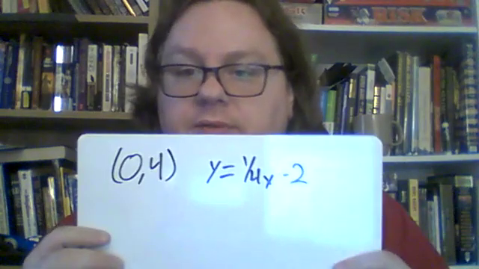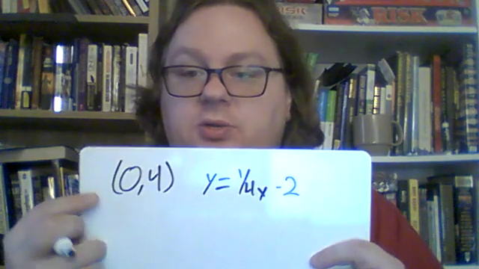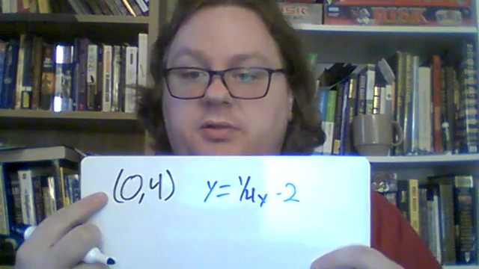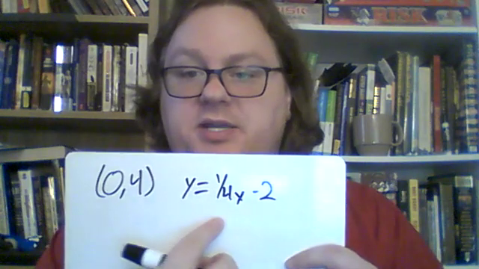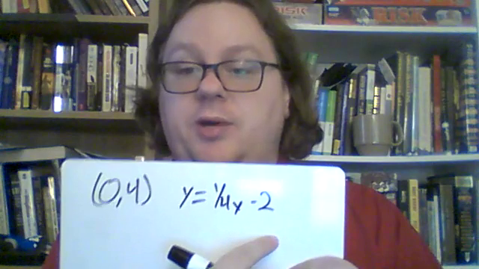Alright, their first example says, a line passes through 0, 4, and is parallel to the equation y equals 1/4 x minus 2. Okay, so these are our two points of information they give us. This is the y-intercept of the equation we want, and this is the equation of a separate line that is parallel to the line we want.